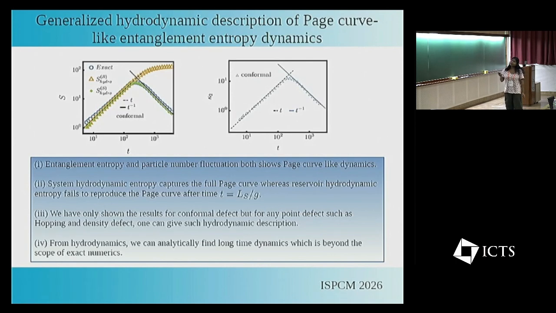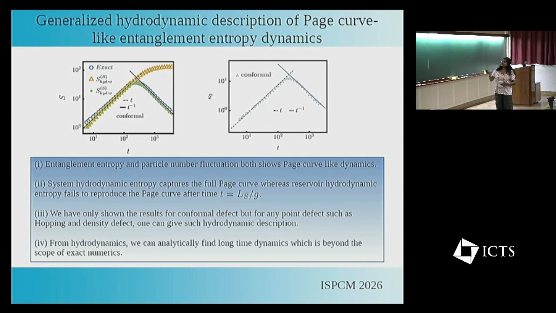Next, we plot the entropy dynamics. The blue curve is the exact microscopic result, and we have also calculated using hydrodynamics for the reservoir part and for the system part. For the system part, the entropy matches the exact numerics well for all times, whereas for the reservoir part, it matches up to some time and then deviates.